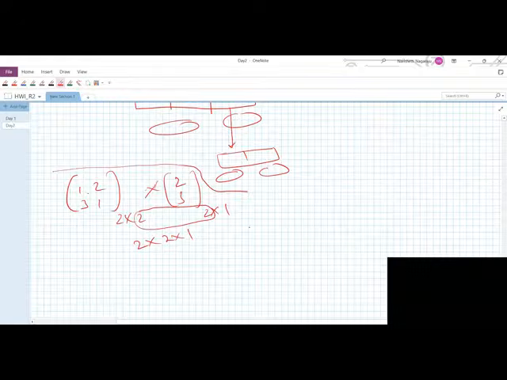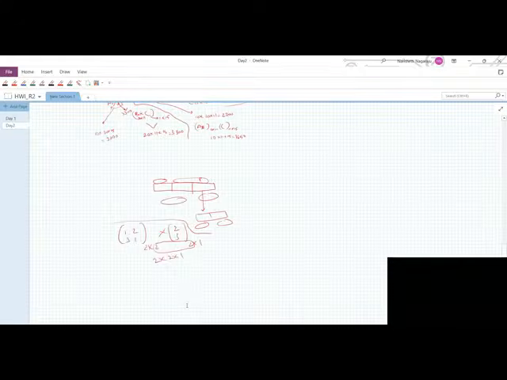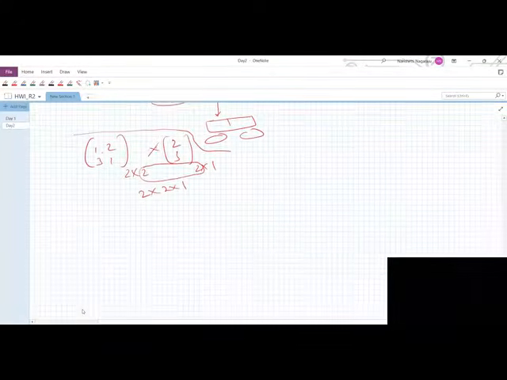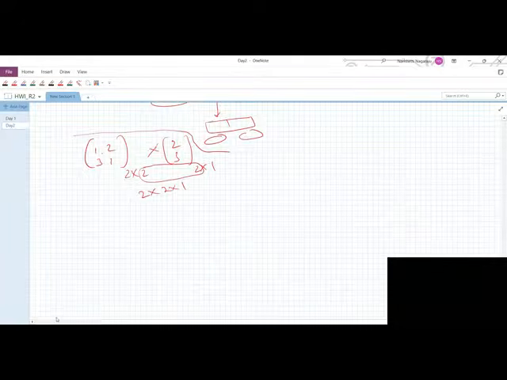Here, if I take 4 matrices, or else if I take 3 matrices, just a minute, we will derive the formula for calculating it. I told you the formula, right? We'll try to derive it.